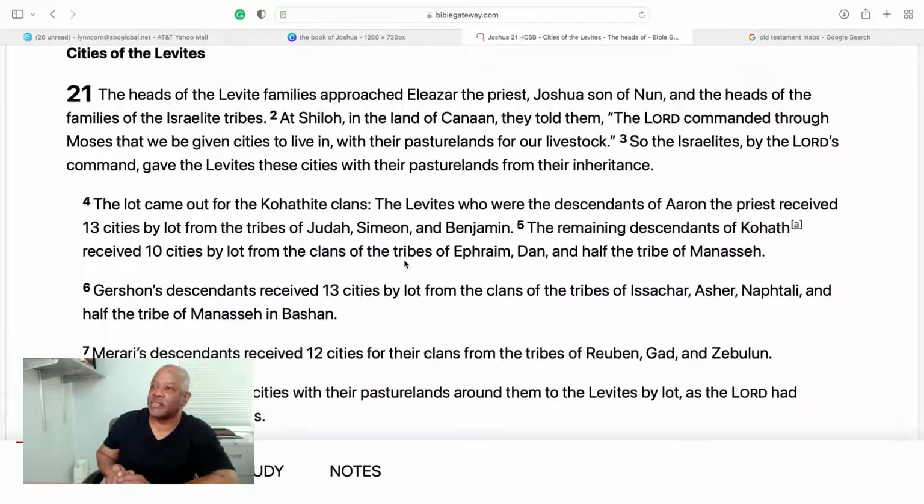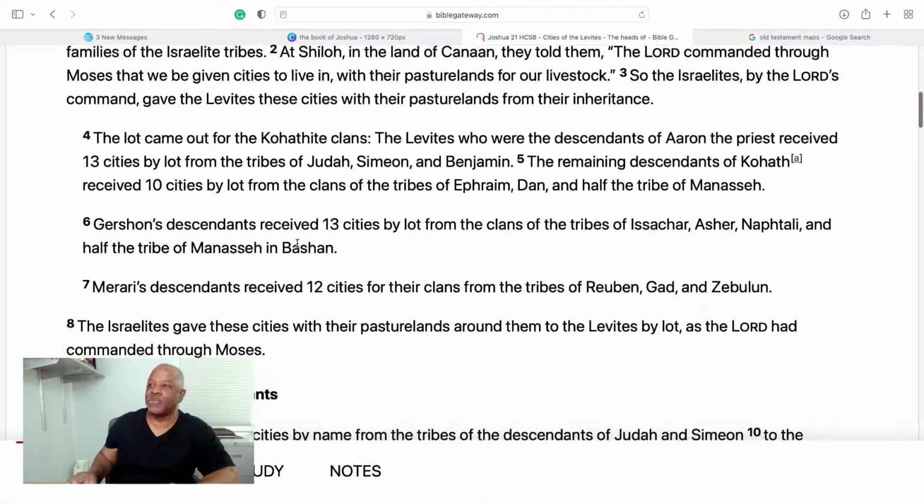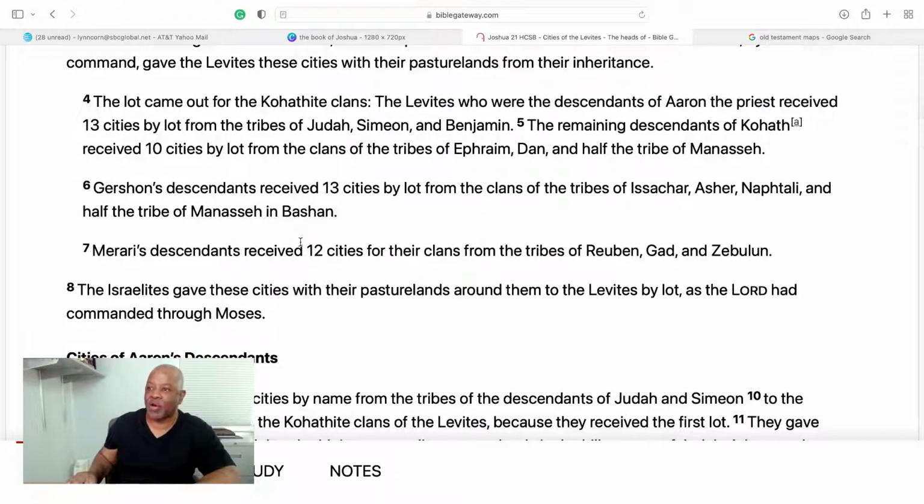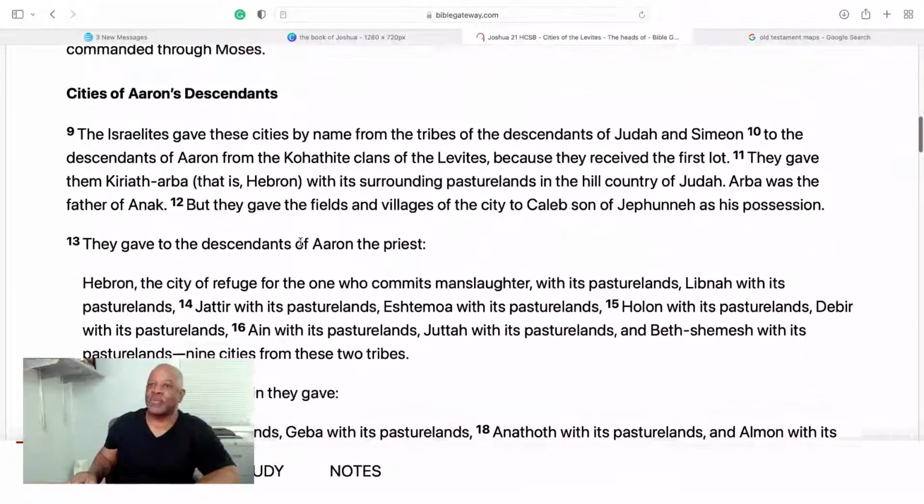So the Israelites, by the Lord's command, gave the Levites these cities with their pasture lands from the inheritance. And then he goes on and gives you all where these cities are. And by the way, these cities were spread out in all of the territories.